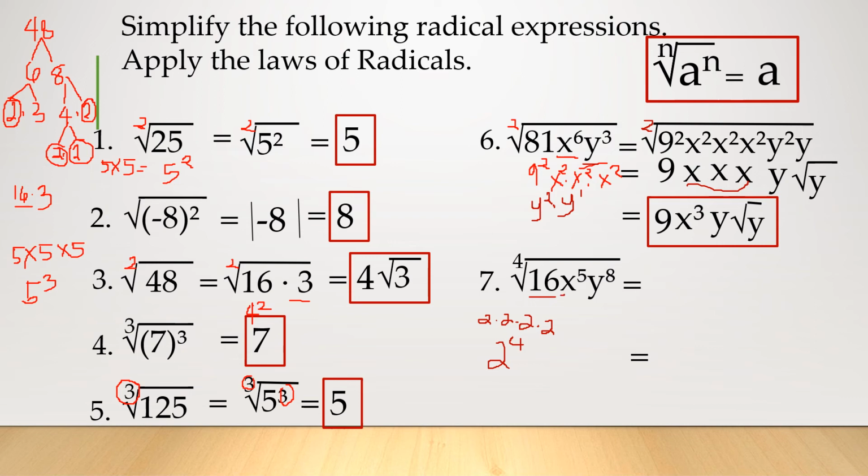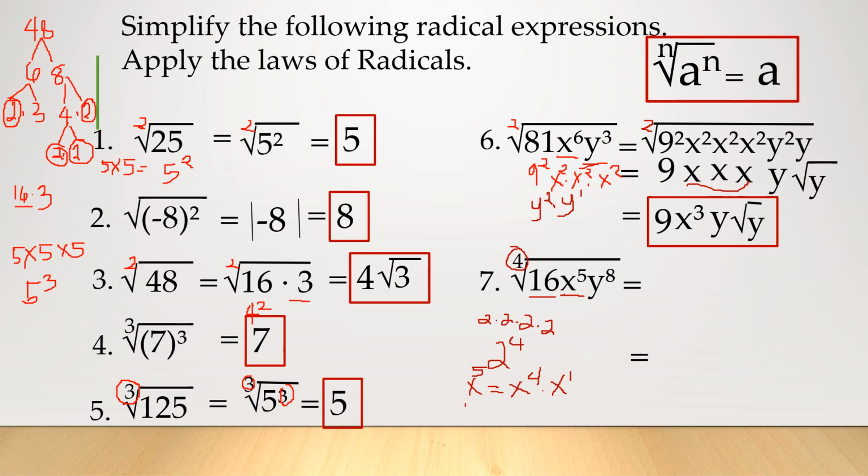What about x to the 5th power? Since the index is 4, I can simply write x to the 5th power as x to the 4th, because I need the same exponent as the index, times x. We simply add the exponents here: 4 plus 1 is equal to 5.